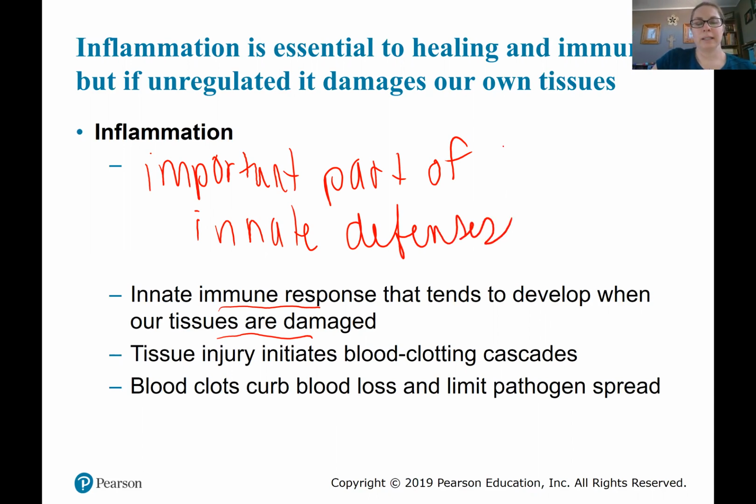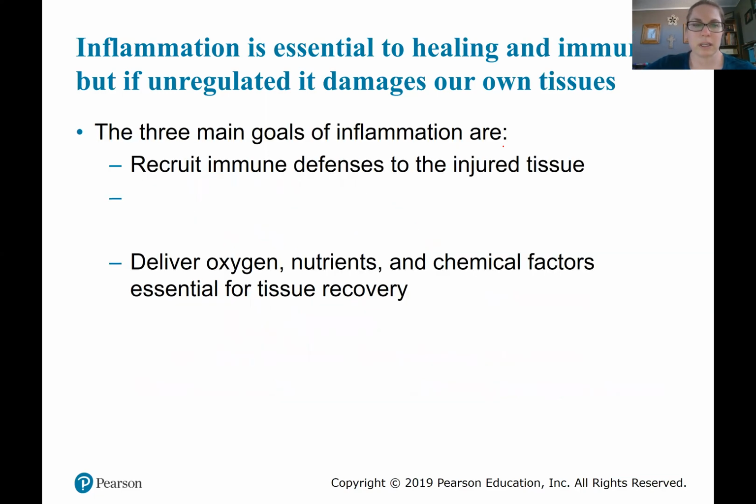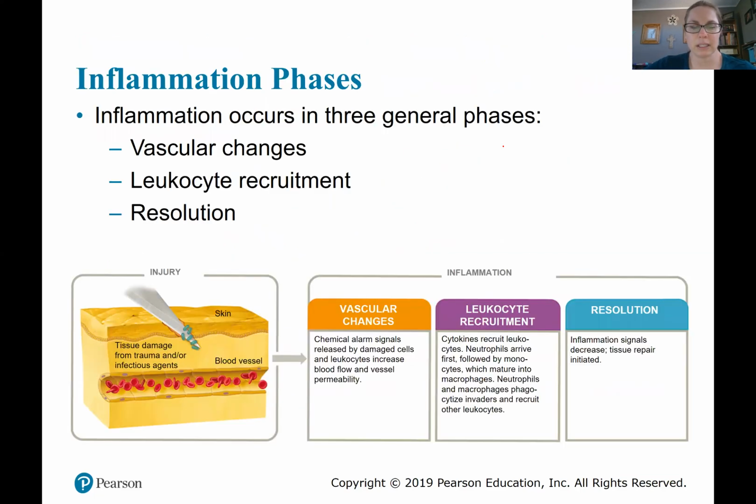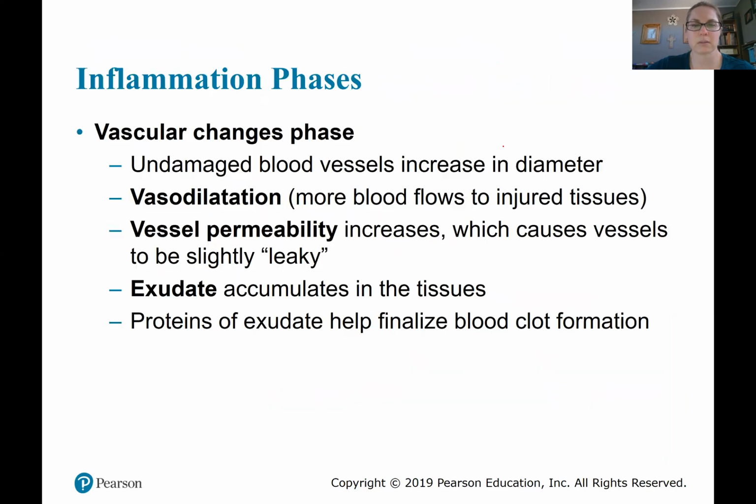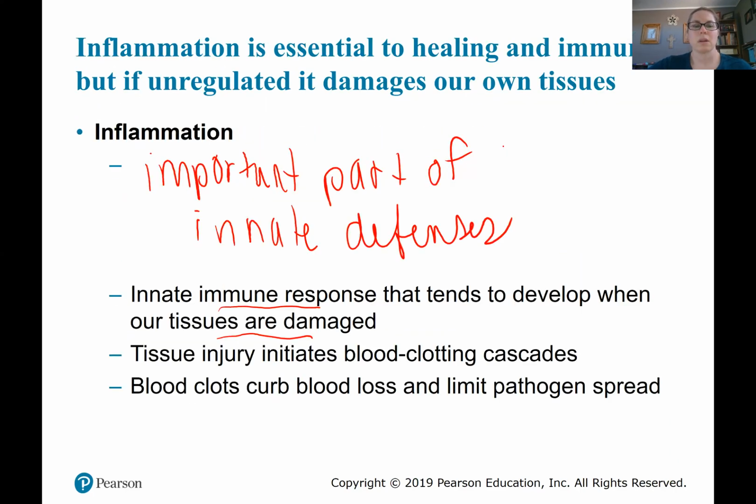Inflammation, as we'll see here in just a second, will cause an increase in white blood cell activity.